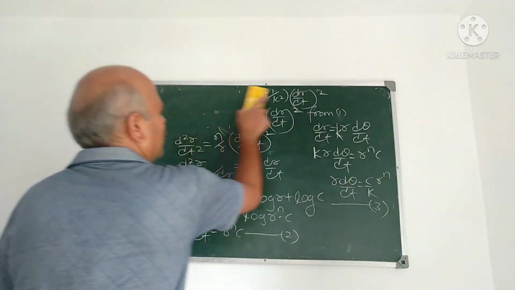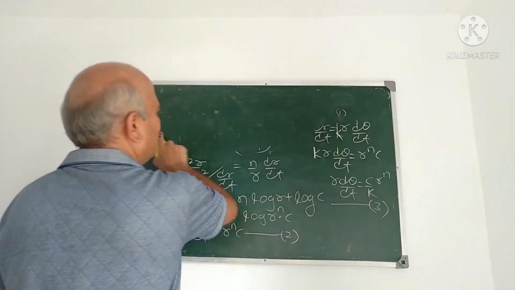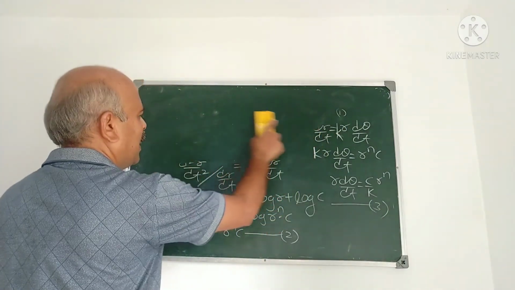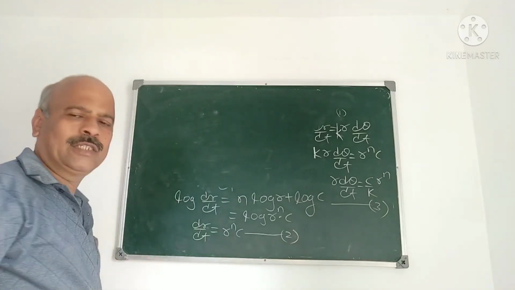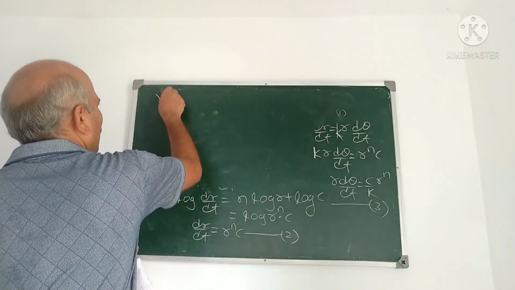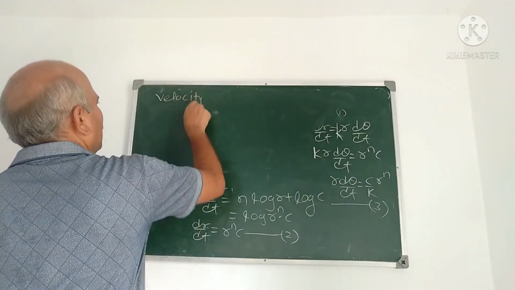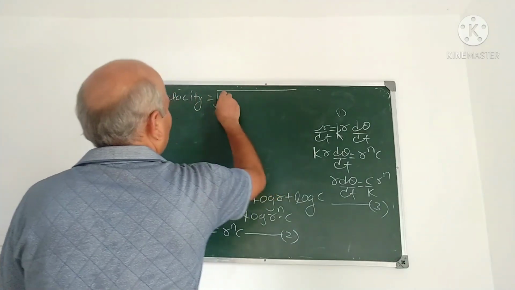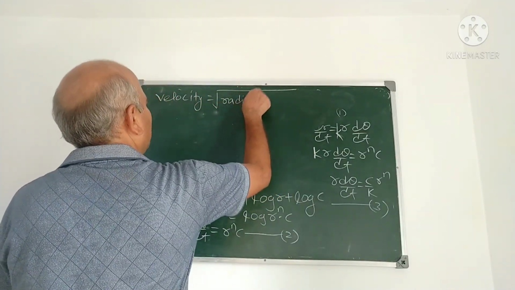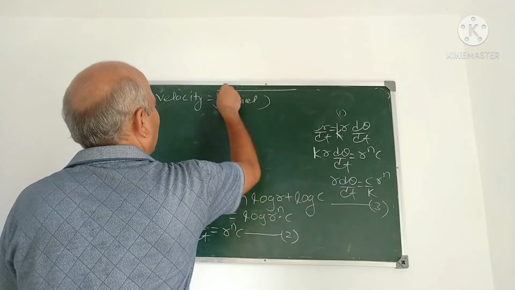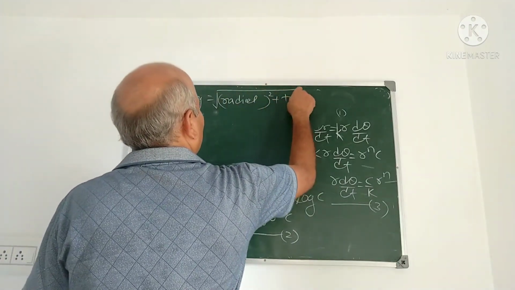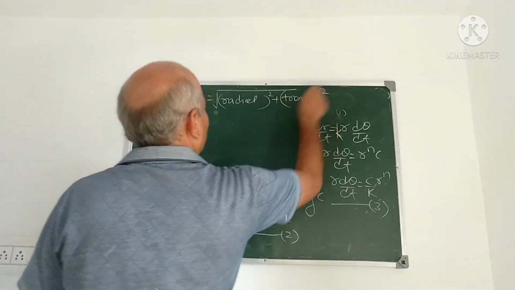Now we consider velocity. What is the problem? Velocity varies as some power of the radius vector. Velocity is the square root of radial velocity square plus transverse velocity square.